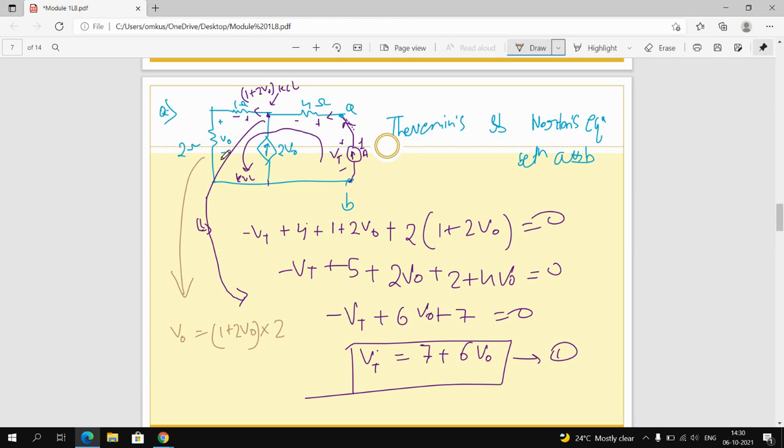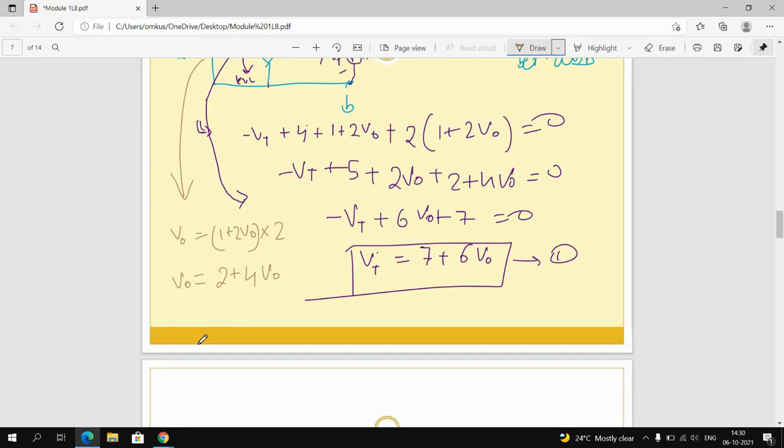This is the voltage drop which is given in your question. Solve this, you will get 2 plus 4 v naught, and this is v naught. When you move v naught to the other side, you will get minus 3 v naught, and v naught is equal to minus 2 by 3, right?